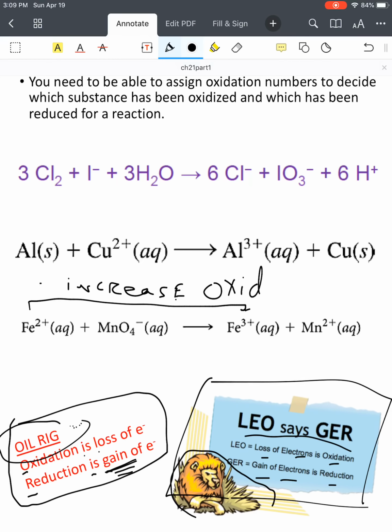So this must be our oxidation, which means that this other stuff needs to have been reduced. But can we justify that? Well, to justify it, we need to assign oxidation numbers, don't we? So let's take a look at that. How can we assign oxidation numbers? Well, we apply our rules. So this is where our rules come back into play.